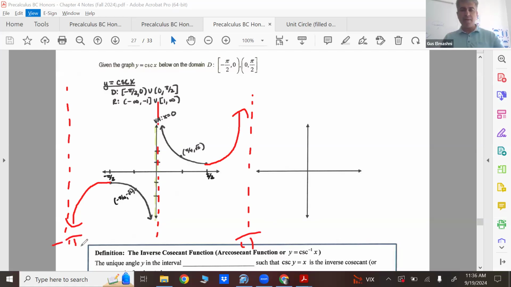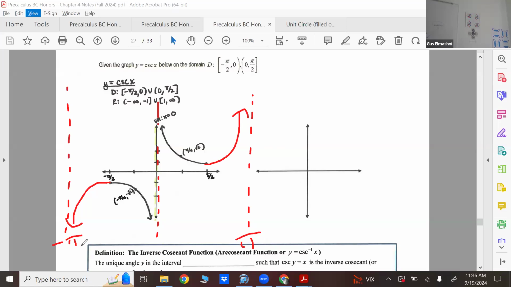Okay, let's take a step back. So cosecant looks like that, right? Does that pass the horizontal line test? No. We want to force the issue of having it pass the horizontal line test.